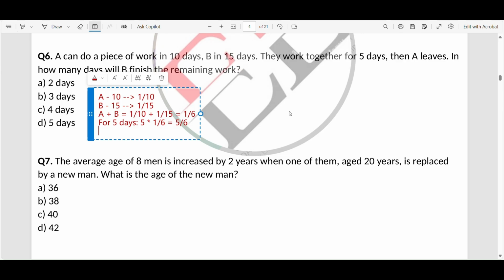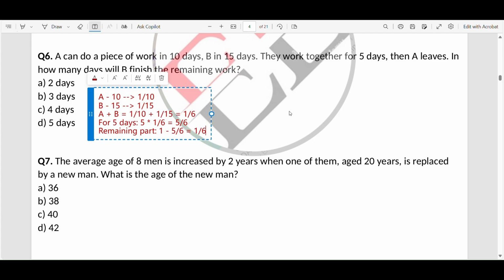So the remaining part is 1 minus 5 by 6, then you will be getting 1 by 6.